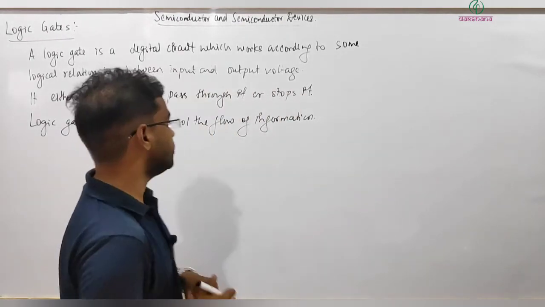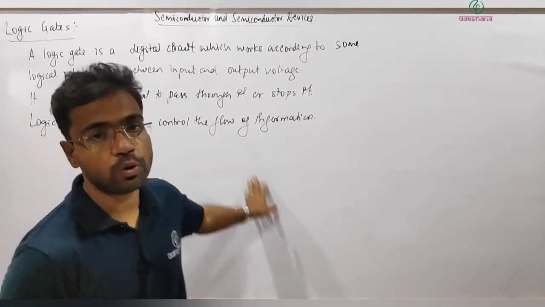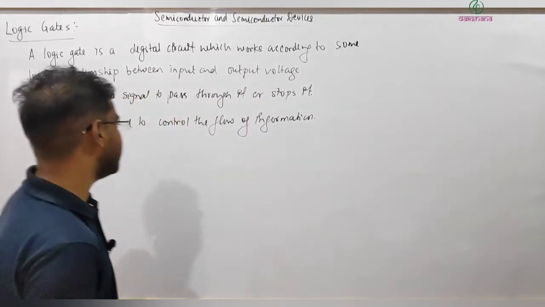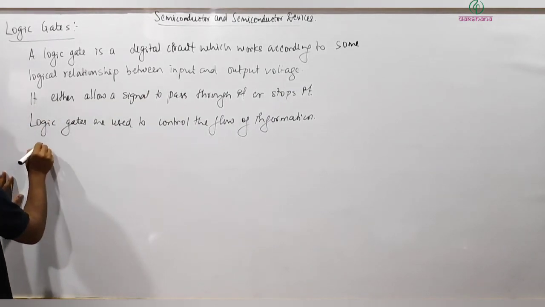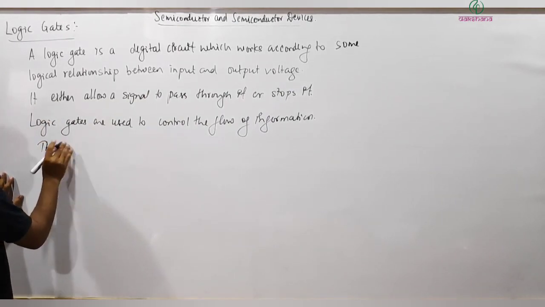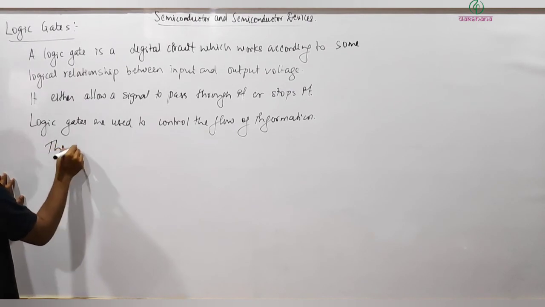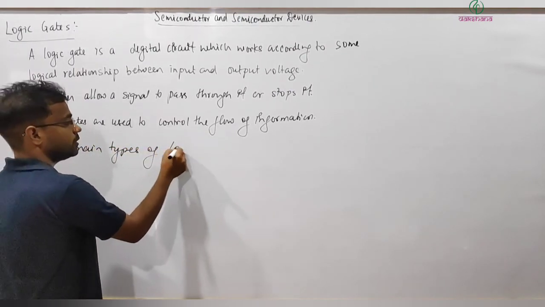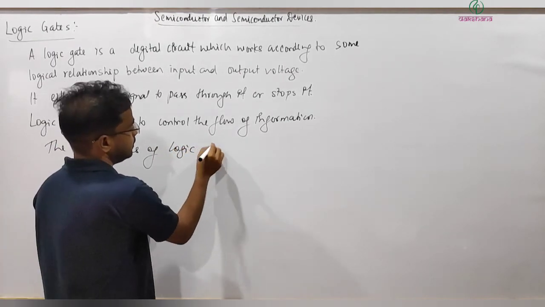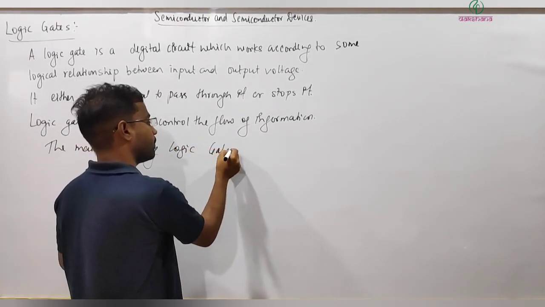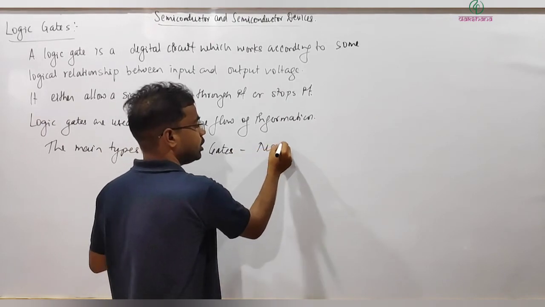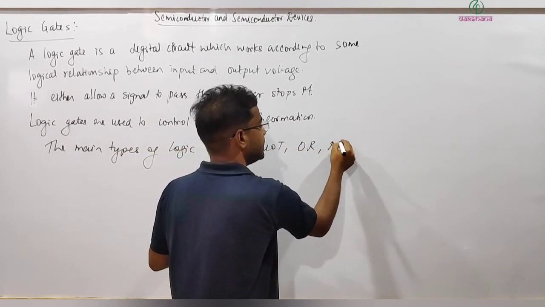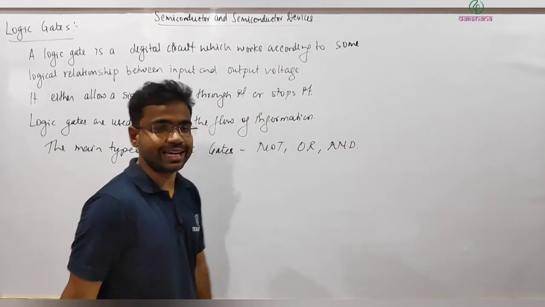The main function of logic gates is to control the flow of information, and there are many types of logic gates. The main types of logic gates that we will study here are the NOT gate, the OR gate and the AND gate.